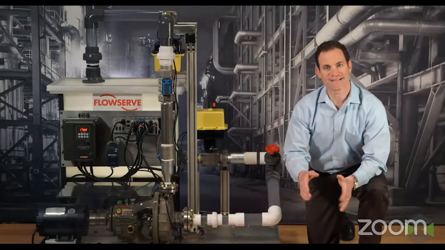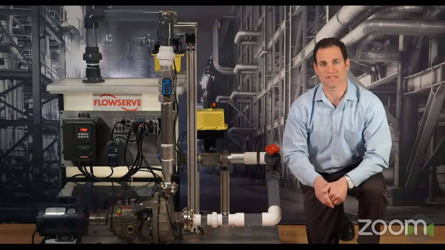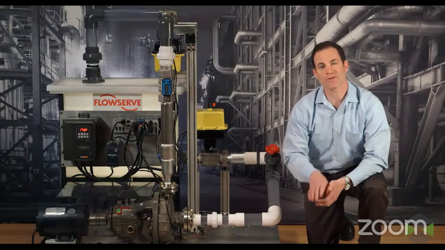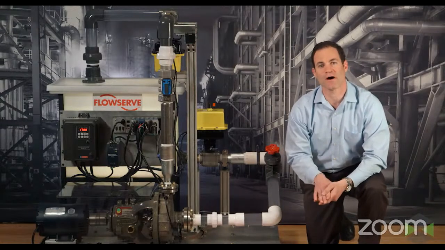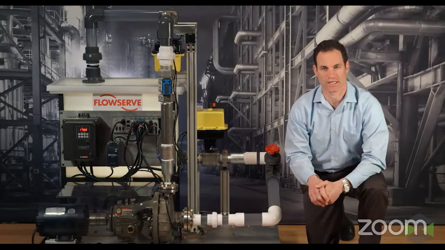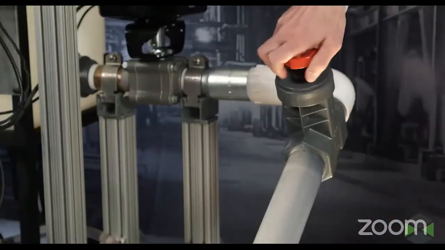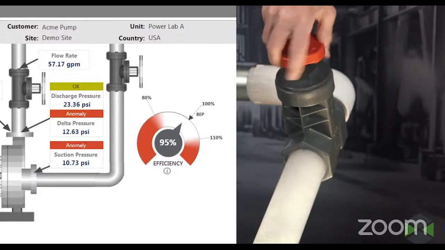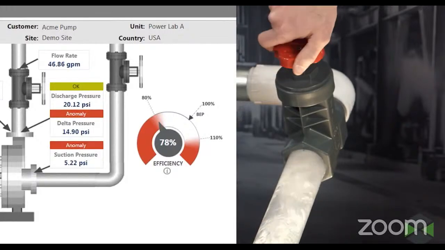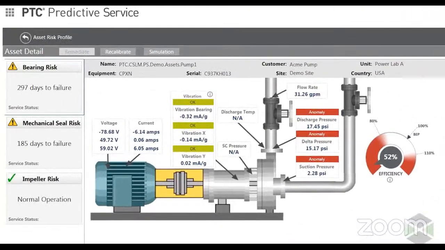We've turned on the pump rig to demonstrate what happens if something changes or goes wrong. Well, let's make a few things go wrong on this pump to show ThingWorx Analytics working in real time. We're going to simulate a reduction in flow by closing this valve. As you can see, the software immediately responds to the change of flow.